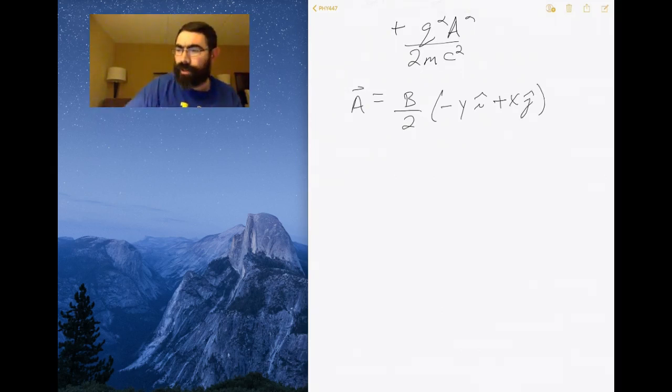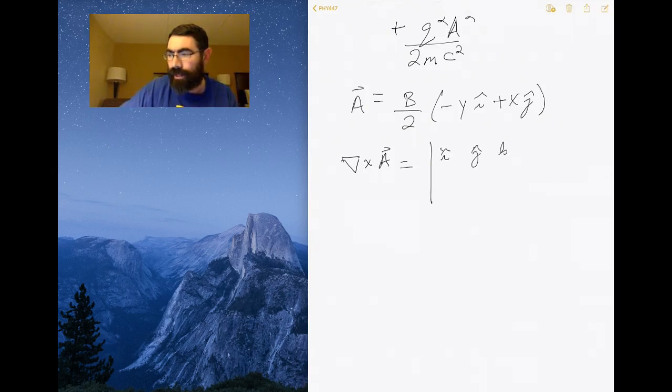Okay, so now let's look at the cross product, or the curl of the vector potential. So that would be i, j, k, and then the derivative in the x direction, derivative in the y direction, derivative in the z direction, and then Ax, Ay, Az.